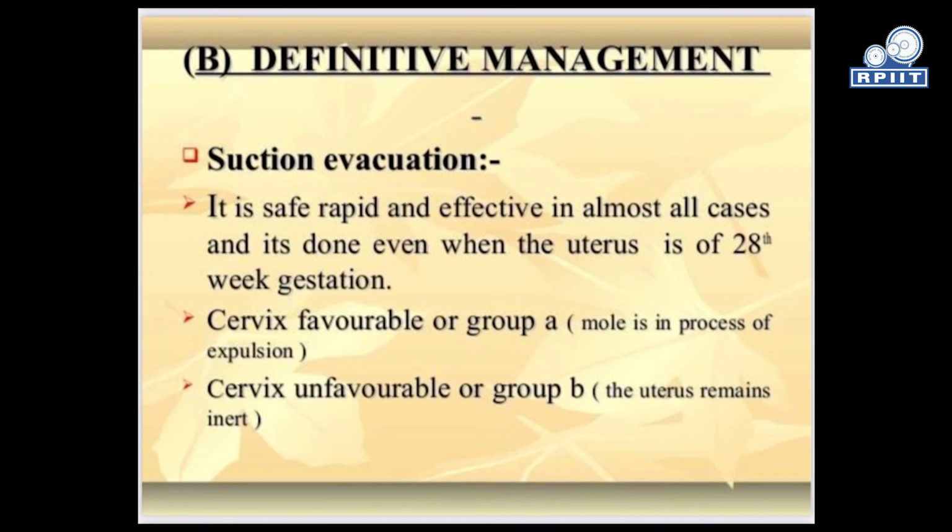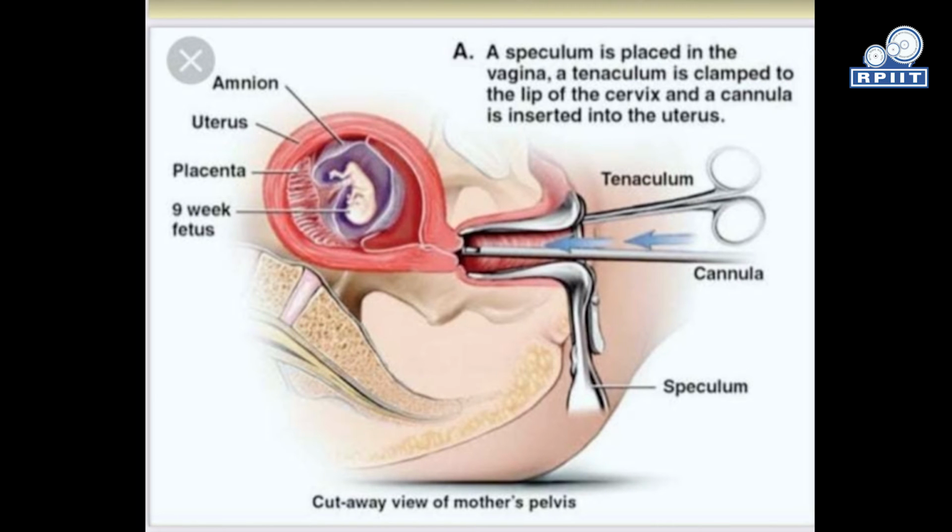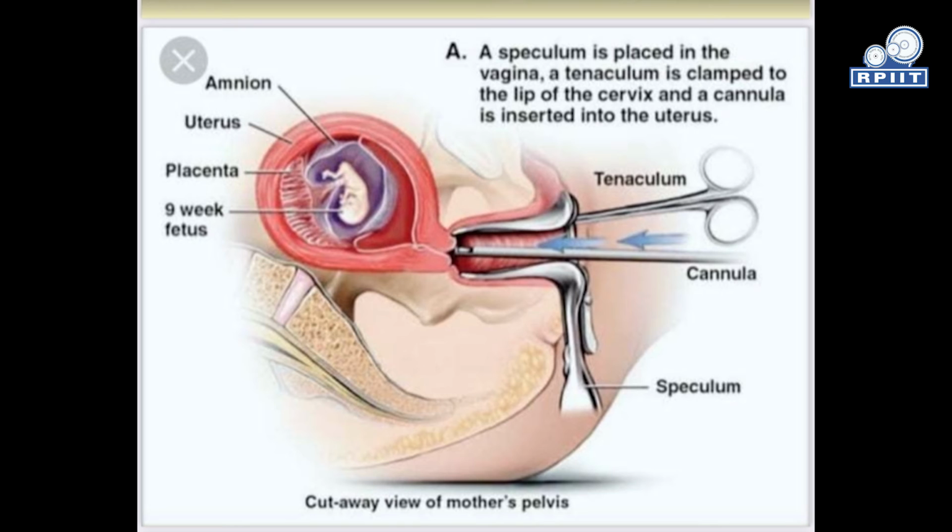Next is definitive management. In definitive management, first we do suction evacuation. It is safe, rapid and effective in almost all cases, and it is done even when the uterus is of 28 weeks gestation. It depends on two groups: first, cervix favorable, group A, and second, cervix unfavorable, group B. If the cervix is favorable, a speculum is placed in the vagina, a tenaculum is clamped to the lip of the cervix and a cannula is inserted.